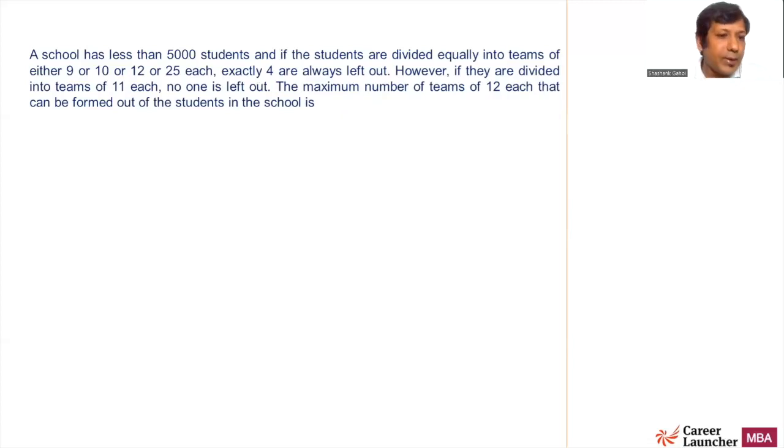So the minimum number of students is going to be the LCM of these plus 4, because 4 are being left out. LCM of 9, 10, 12, and 25 comes out to be 900. And 4 students are left out, so the minimum possible value is going to be 904.